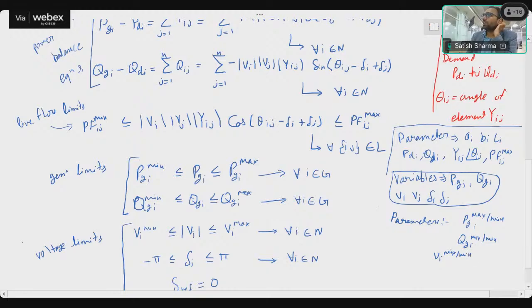Delta we have already placed in the optimization. It's basically pi and minus pi, and another is 0. So we don't need input for it. It is always 0, the reference angle we have already placed as 0. So these are the different parameters and variables. Variables are the voltage magnitudes, voltage angles, and active and reactive power generation. Now, can we write down a code for this?